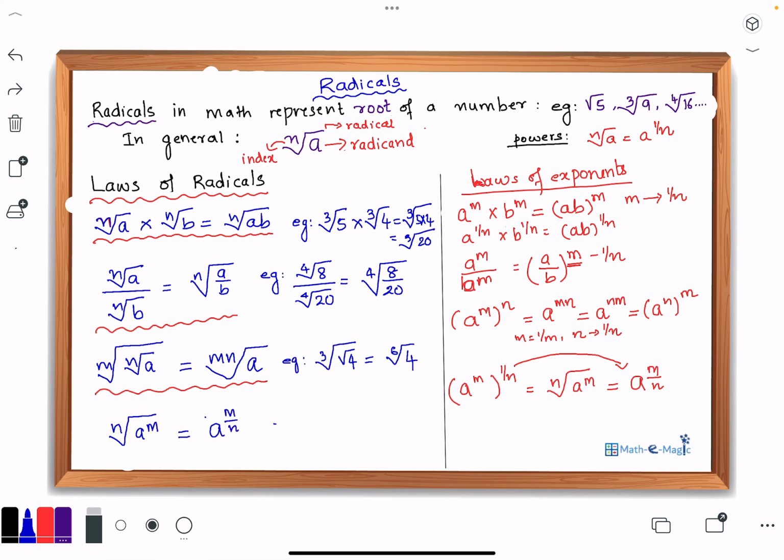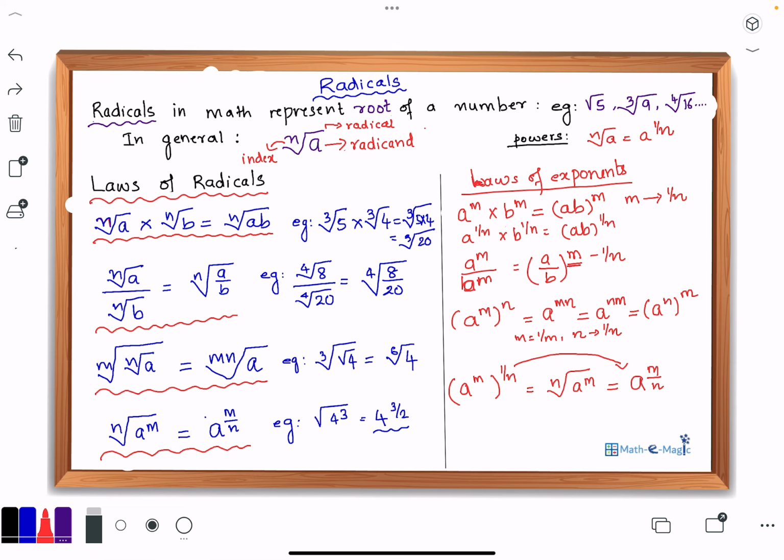For example, if the question is the square root of 4 cubed, I can write it as 4 to the power of 3 over 2, or if I am given 4 to the power of 3 over 2, I can write it as the square root of 4 cubed and solve it. So that is another law of radicals that we will constantly be using when we are solving radicals.